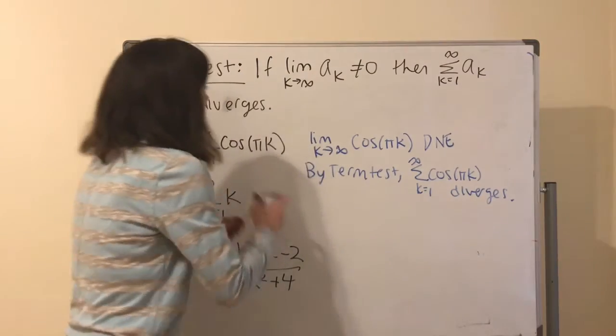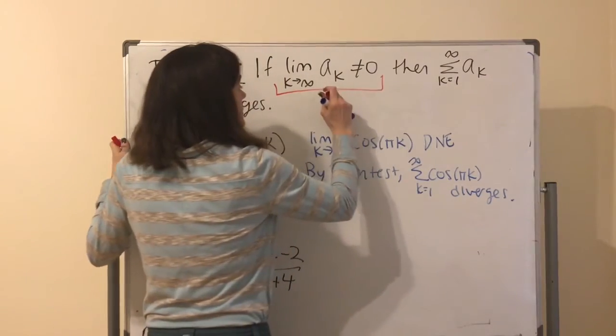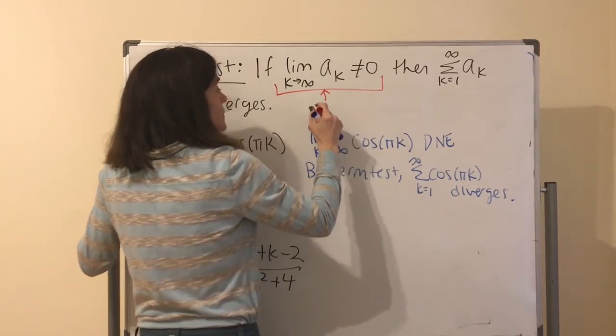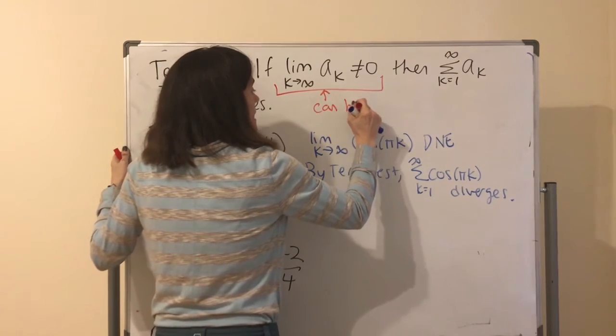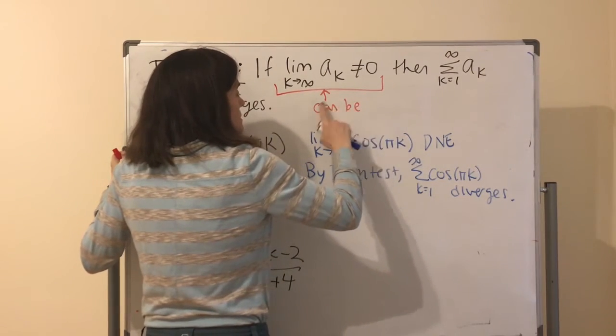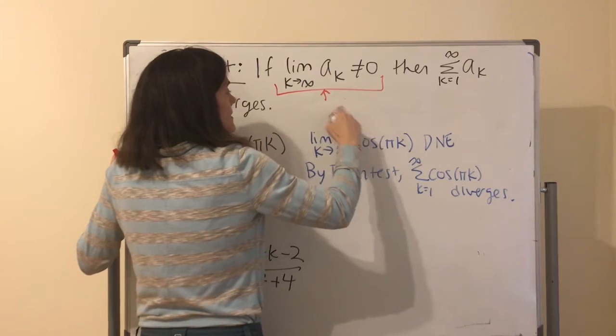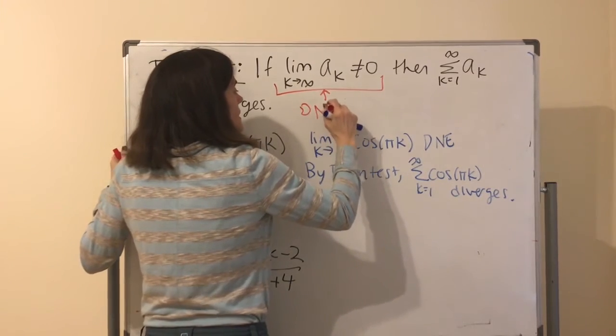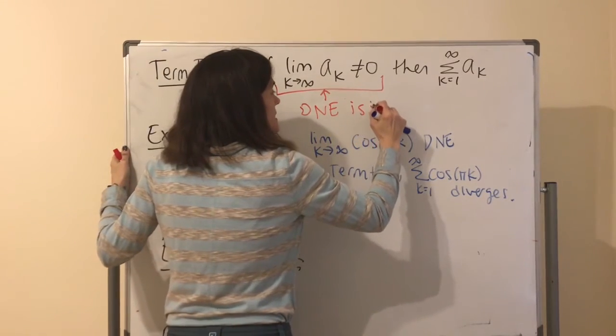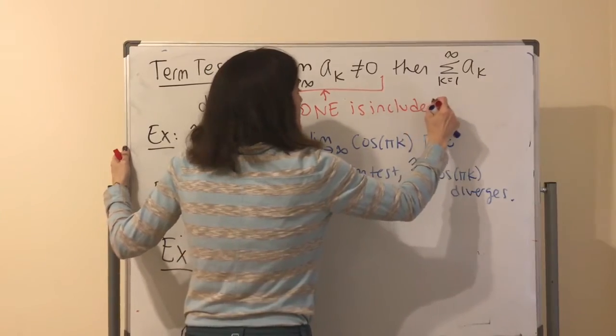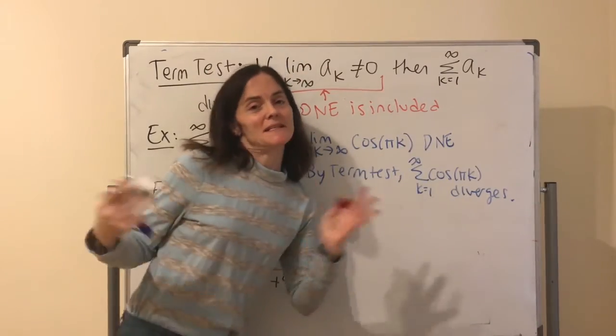And this not equal to 0 can be DNE. DNE is included here. Maybe I'll write that. DNE is included. So either the limit exists and is some number other than 0, or the limit does not exist.